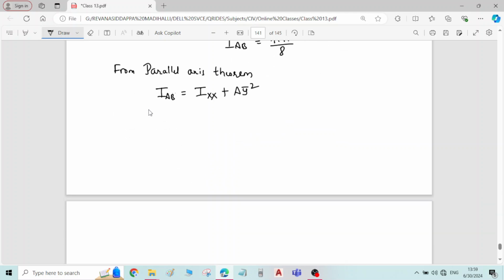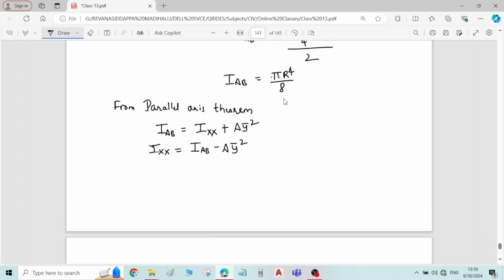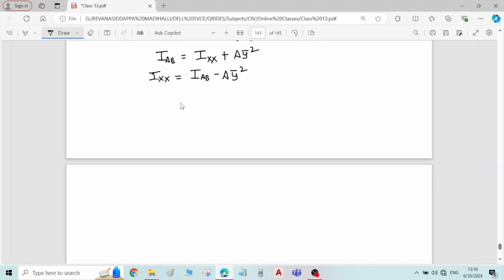Okay, therefore Ixx is equal to IAB minus A into y bar square. IAB is what? Pi r raised to 4 by 8. IAB is equal to pi r raised to 4 by 8.